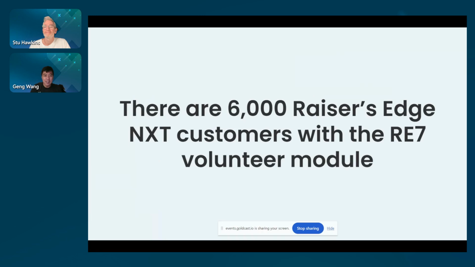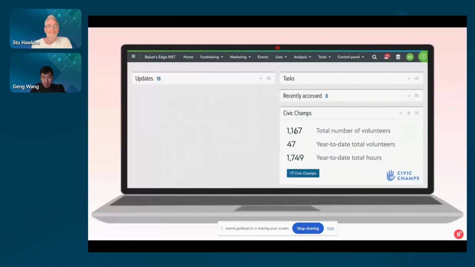And so together, our goal is to help serve the 6,000 or so RENXT customers that currently use the RE7 volunteer module. Right? To give you a sense of what that might look like, this is the integration that we've built for folks, or at least parts of it. There are actually two parts.